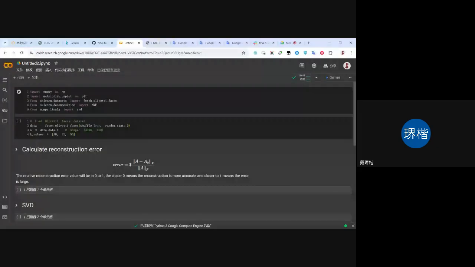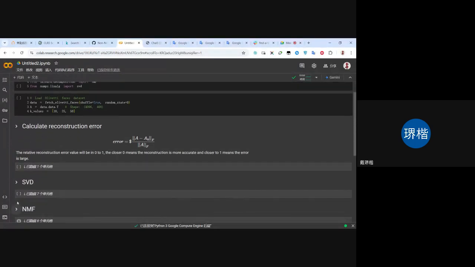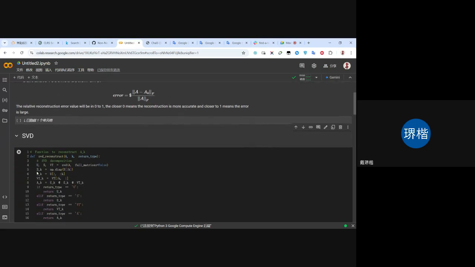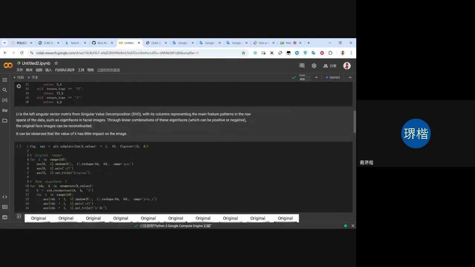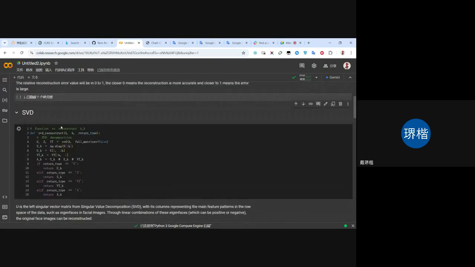Here is challenge 3. Here I import NumPy and some tools we need to use, and already load the face data. First we start the SVD. This is the SVD reconstruct.